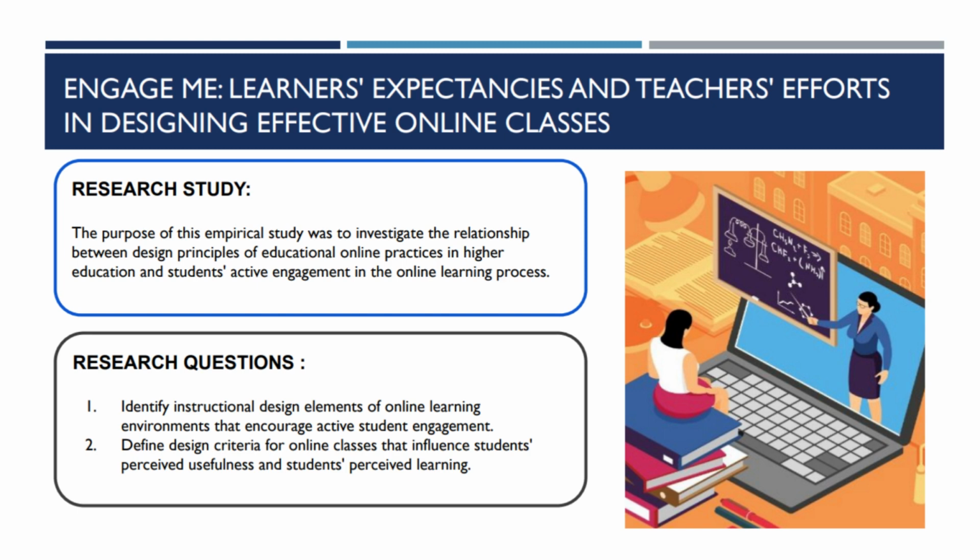The two research questions they had were: one, to identify instructional design elements of online learning environments that encourage active student engagement. And the second question is to define the criteria for online classes that influence students' perceived usefulness and students' perceived learning.